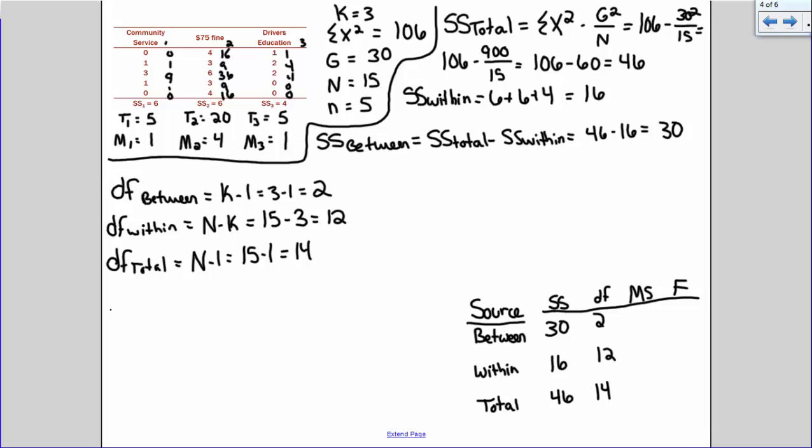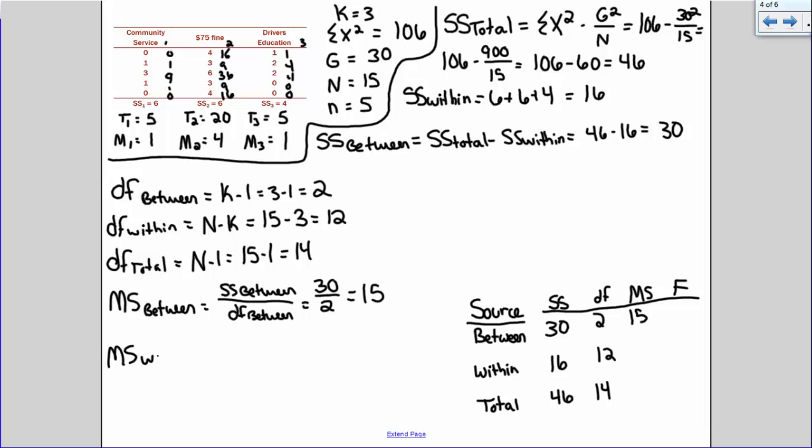Okay, now let's figure out our mean squared between. You simply take the sum of squares between, divide by the degrees of freedom between. Just like variance, right? Because this is the variance. 30 divided by 2 is 15. Bam! There we go.